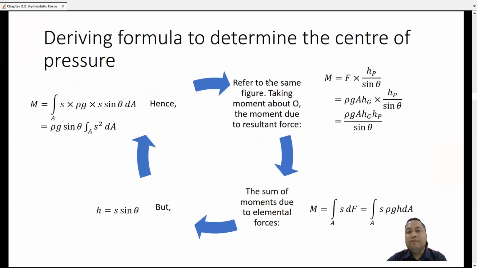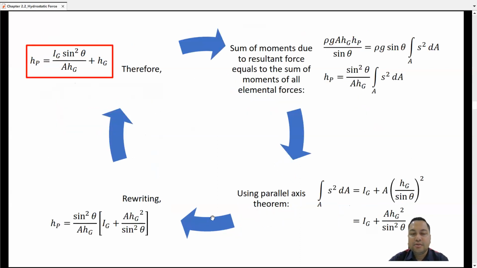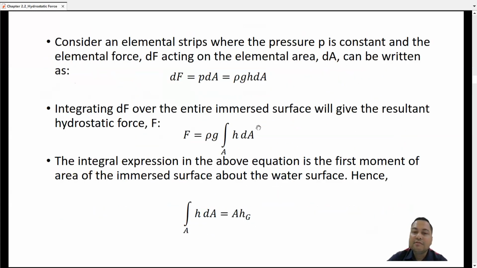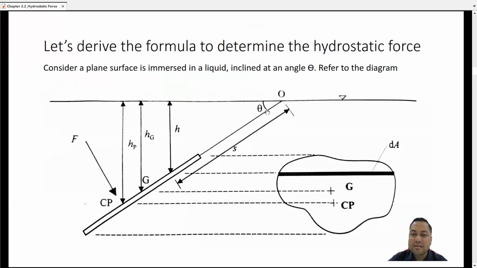Next, deriving the formula to determine the location of the center of pressure, we can use these equations. After derivation, we obtain the final equation Hp equals Ig sin squared theta over A Hg, plus Hg, where Ig is the second moment of area, and theta is the angle taken from the free surface to the object.